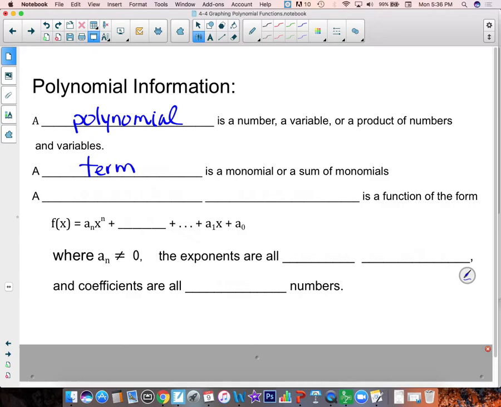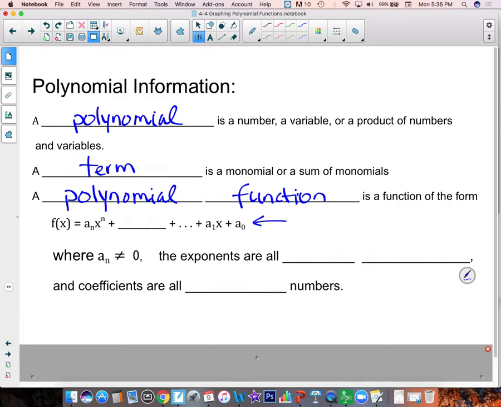Second one, a polynomial function is a function of that form. You guys have seen that before; I showed you this stuff in your notes already.